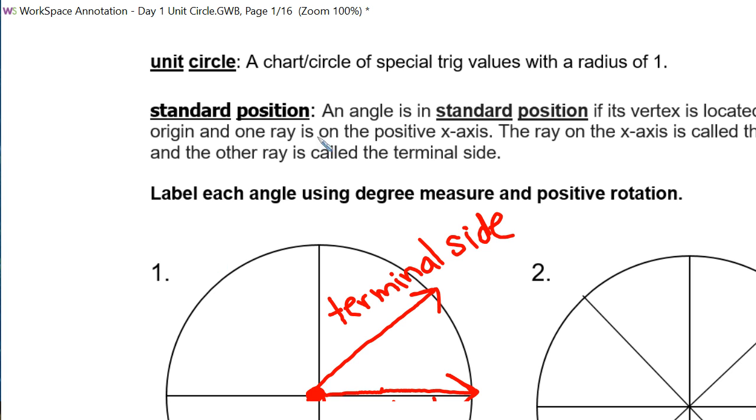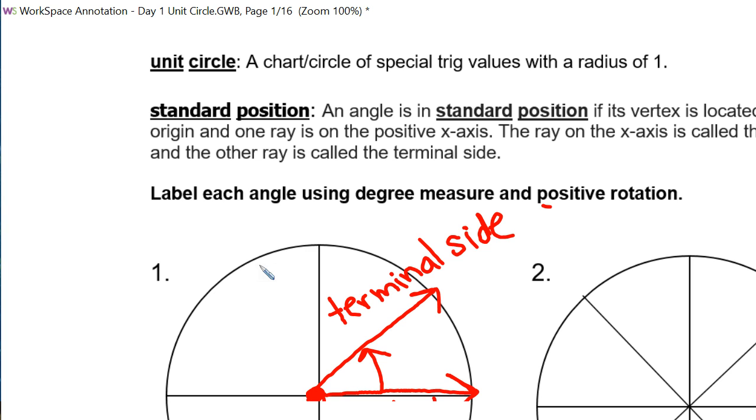Now over here, it talks about positive rotation. And when we talk about angles on the unit circle, we typically use positive rotation, which means we start at the positive x-axis and we're going counterclockwise.